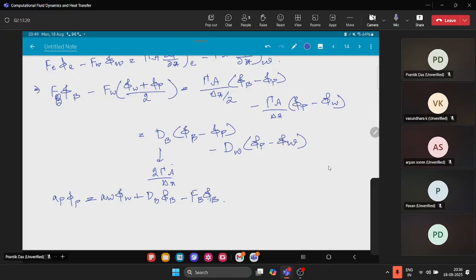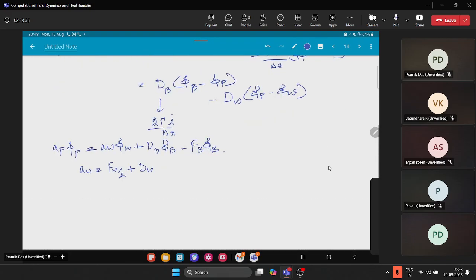So aw is basically fw divided by 2 plus dw, and ap is basically equal to db plus dw minus fw divided by 2. Okay, so this one is the fifth equation.